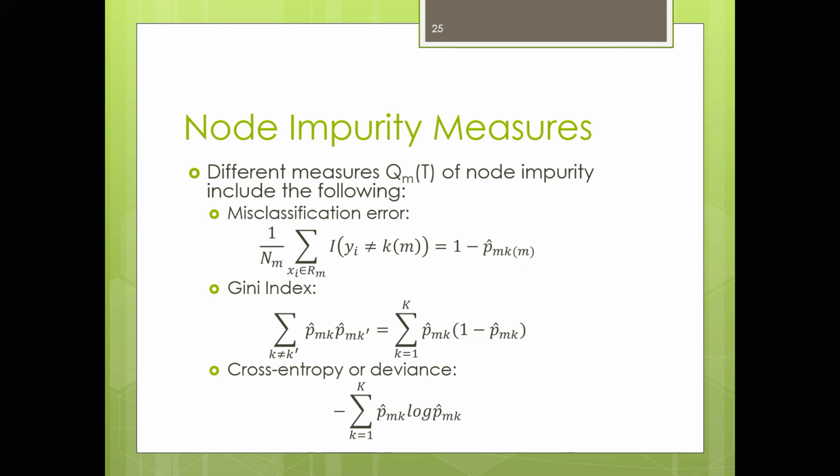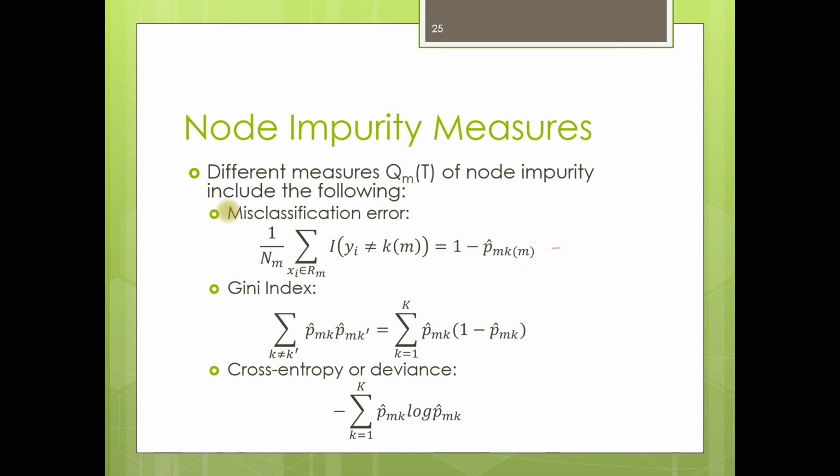I will show you a graph in a moment of these three different measures, how they look like, and you would understand what I mean by that. In general, it's relatively simple to interpret and understand. But there are other measures which are more amenable to numerical optimizations.